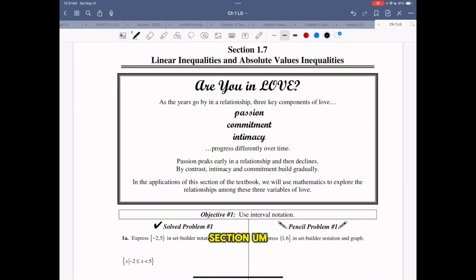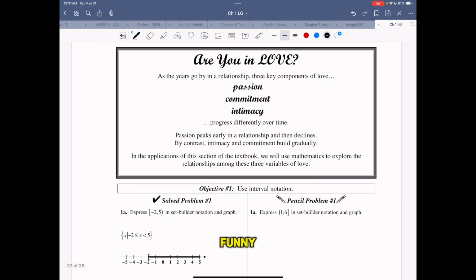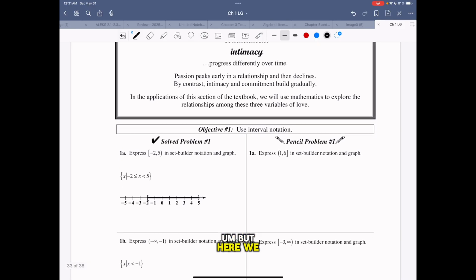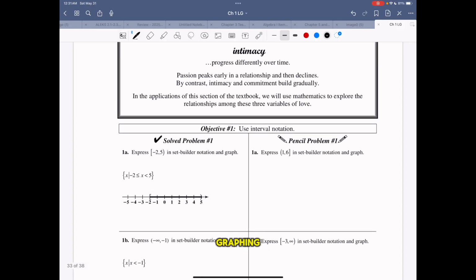And then in this section, I kind of really think that the riddles in the beginning are funny. But here we are just talking about graphing. It says in set builder notation. So we know that the bracket represents less than or equal to or greater than or equal to, and the parentheses represents just less than or greater than. So for this one, we're saying values, and I'm just going to plot 1 and then plot 6.